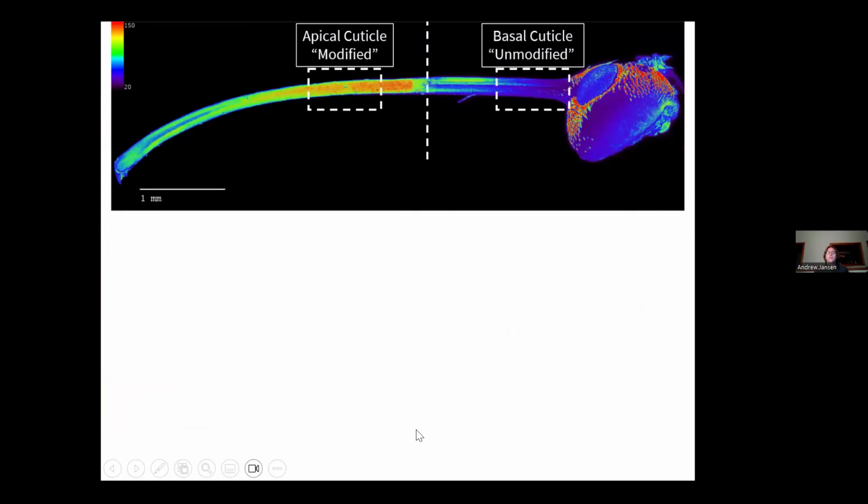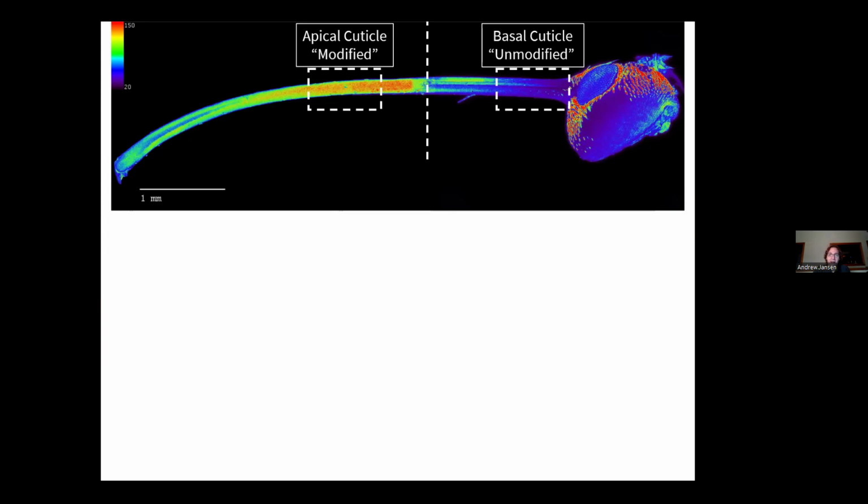And part of the reason that this works is where the microscopy comes into play. I cleared a couple of these heads and then split them with a razor blade. And splitting one of these things with a razor blade is not easy considering it's only 250 microns in diameter.